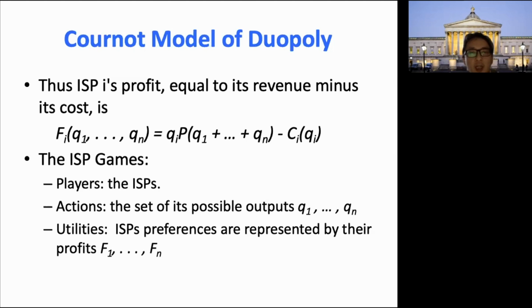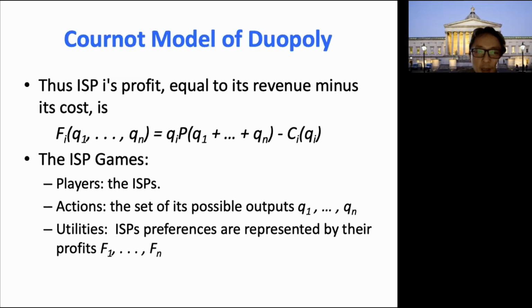But you can see this is a game, because if you produce the bandwidth Qi, the price would also be influenced by the amount from other players. You have n players, therefore your payoff is determined by the actions of the other players.